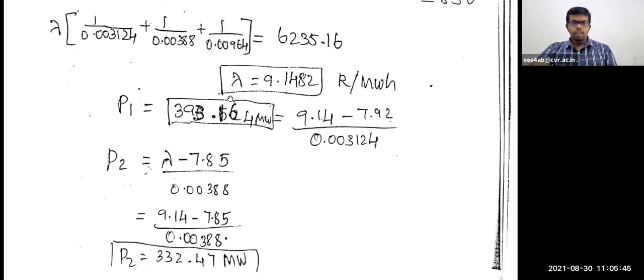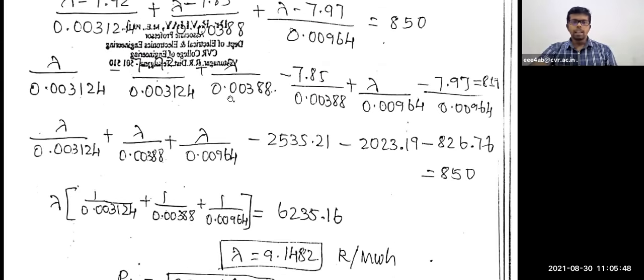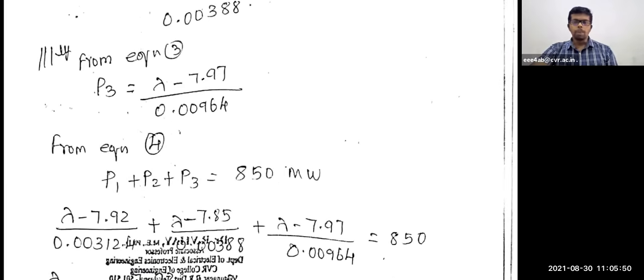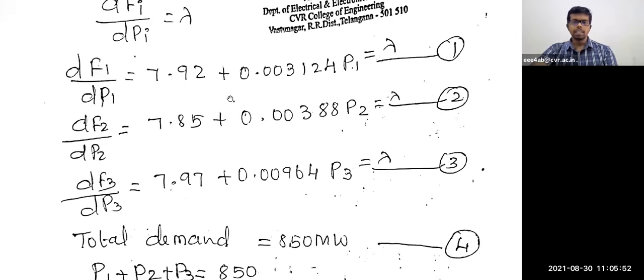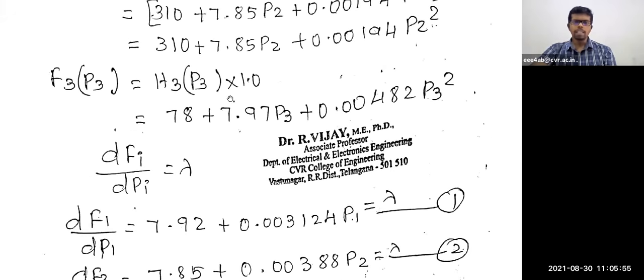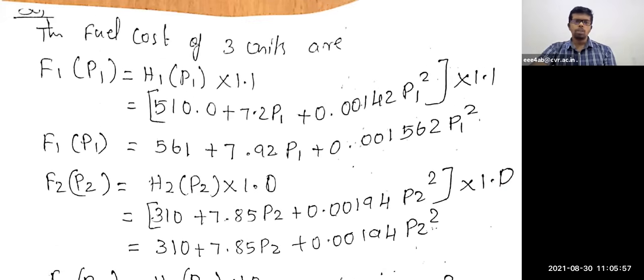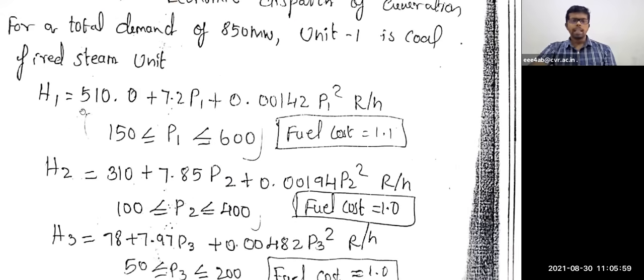After that you need to verify whether it is falling under the minimum and maximum operating limits or not. You need to go with the data of the problem. So you need to write P1 is equal to some 393 point something megawatt, comma, and the minimum and maximum operating limits; that also you need to write in the answer.